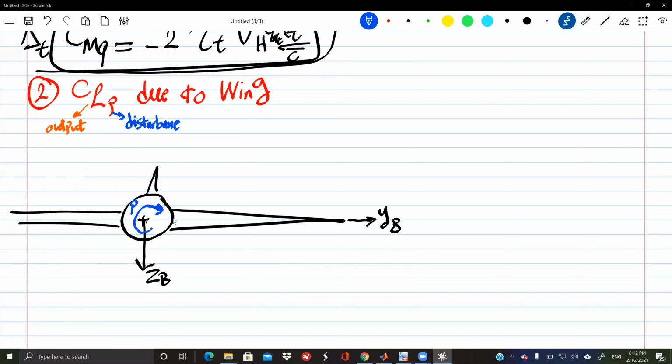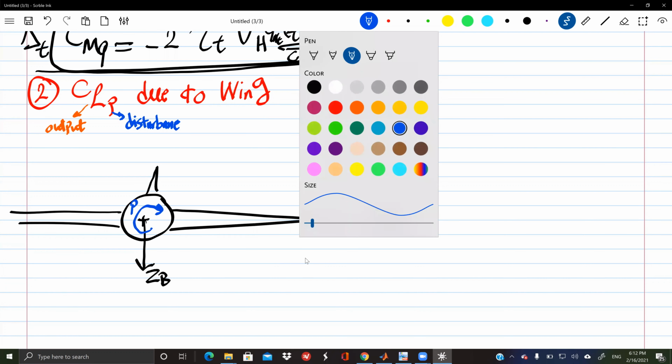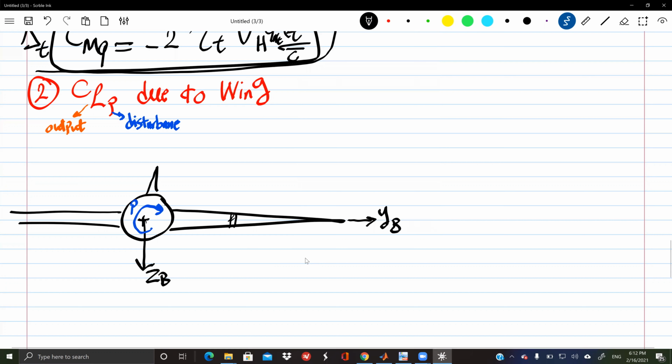But a point near the root will move just very little. So the results will be very different from one point to another on the wing. So this is encouraging to chop your wing into stations. I'm going to take, as usual, a station of width dy at a generic y.